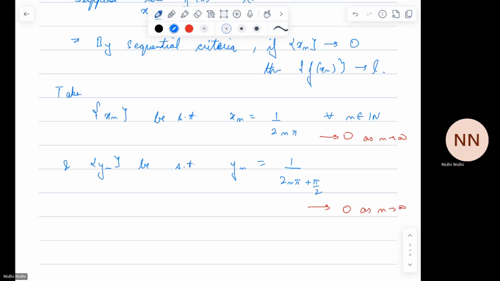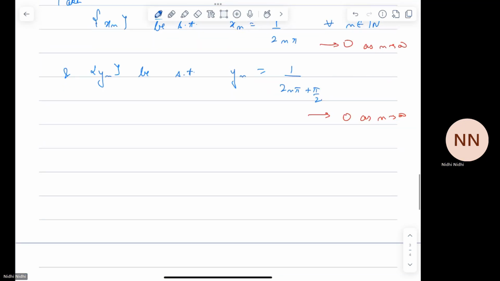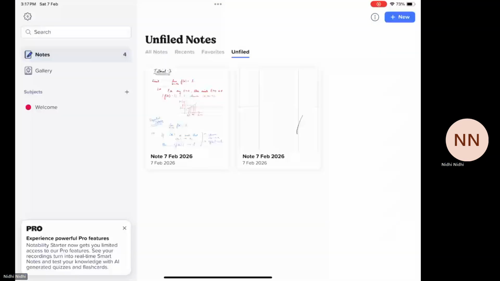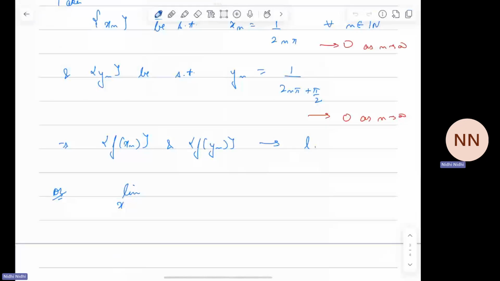Then by the sequential criteria, the sequences f(x_n) and f(y_n) must also converge to L. Or we can say that the limit as n tends to infinity of f(x_n) should be equal to L, and it should also be equal to the limit as n tends to infinity of f(y_n).